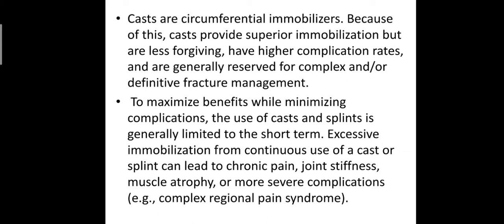To maximize benefit while minimizing complications, the use of a cast or a splint is generally limited to the short term. Excessive immobilization from continuous use of a cast or a splint can lead to chronic pain, joint stiffness, muscle atrophy, or more severe complications.